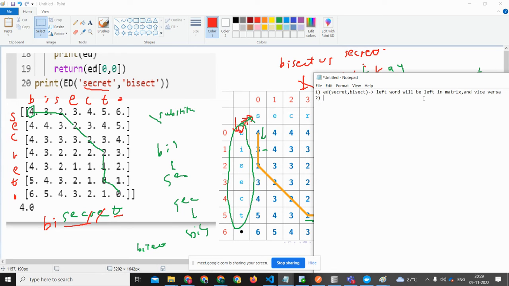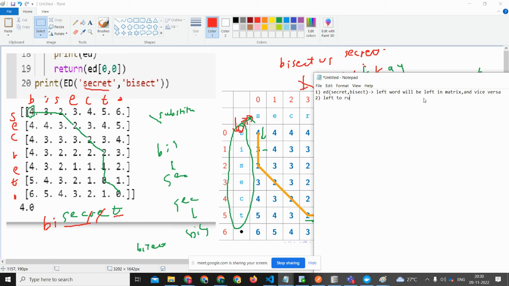Then what's the next point we need to remember? My doubt was, after this, how do we convert from which one to which one? Left to right. It will convert left to right, secret to bisect.